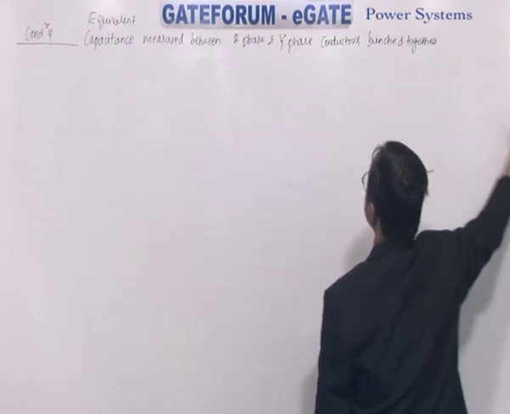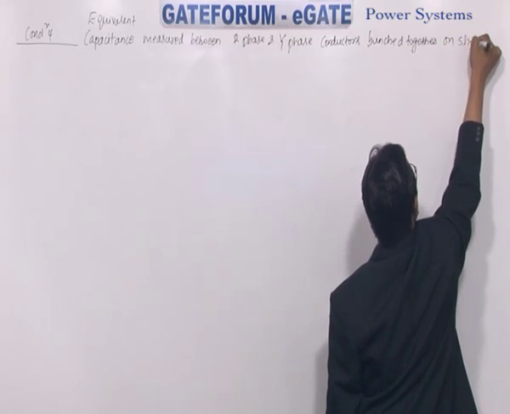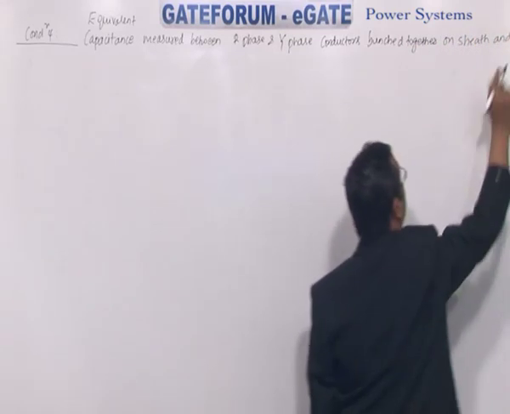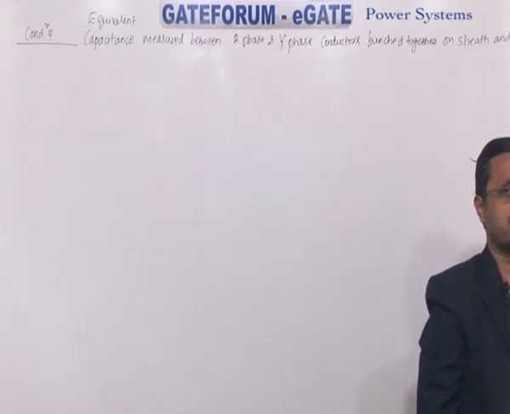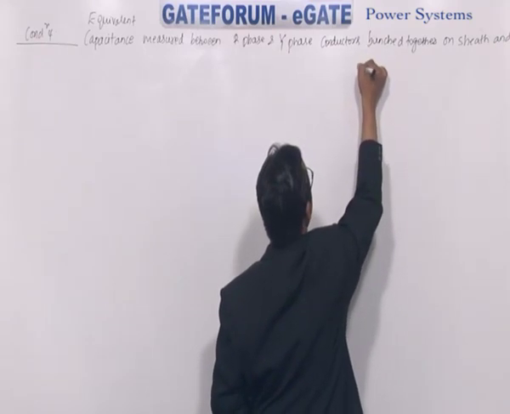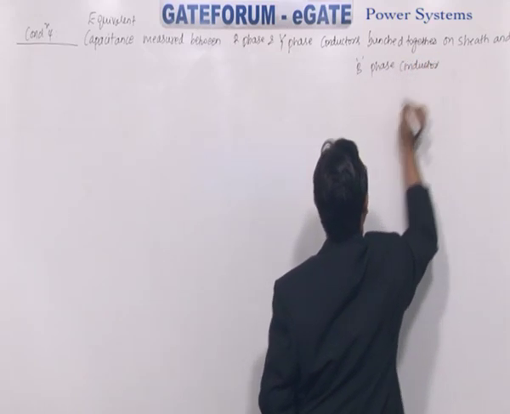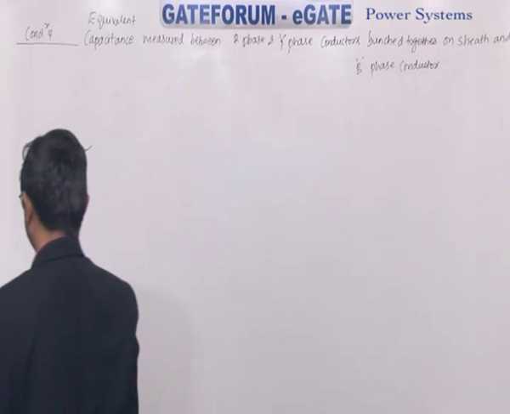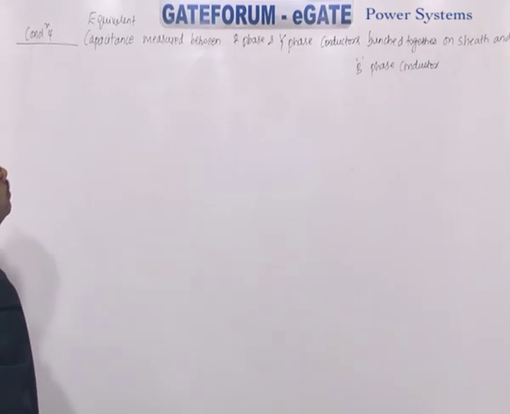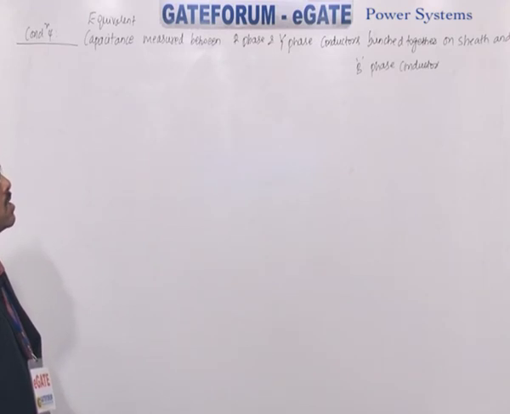So equivalent capacitance measured between R phase, Y phase conductors where they are now bunched together on the sheath, and B phase conductor.